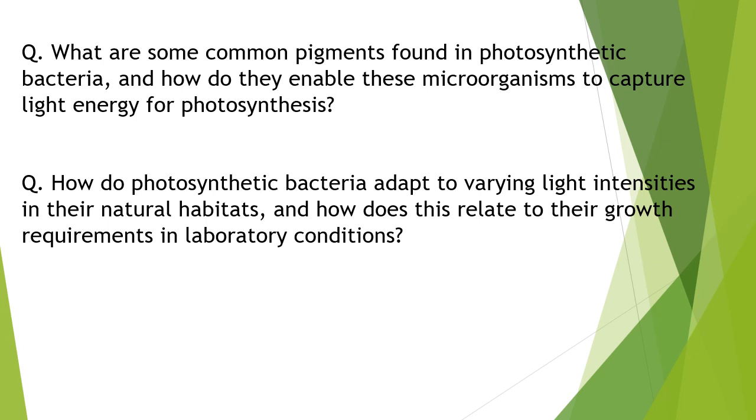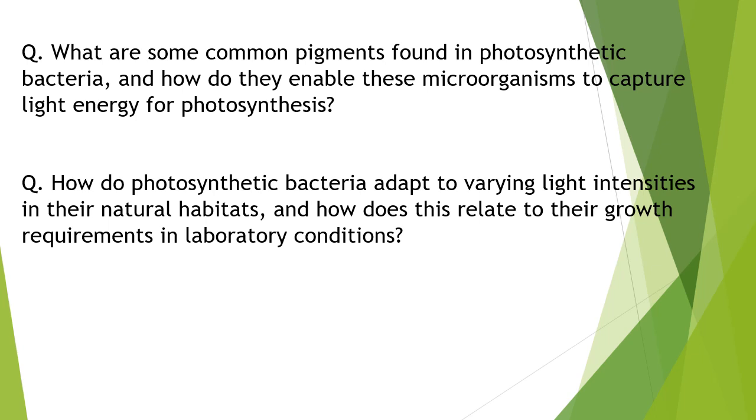Whereas carotenoids absorb blue and green light, protect the photosynthetic apparatus from oxidative damage, while also contributing to light capture. Whereas phycobiliproteins, which are found in cyanobacteria, absorb light in the orange to red spectrum, effectively broadening the range of usable light.